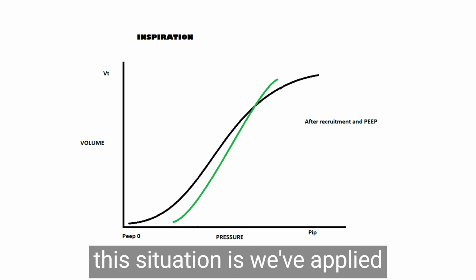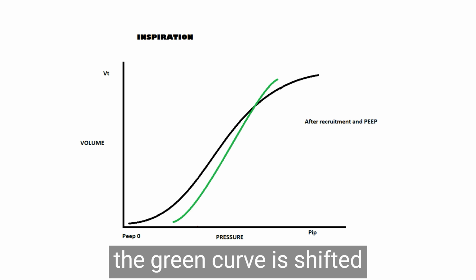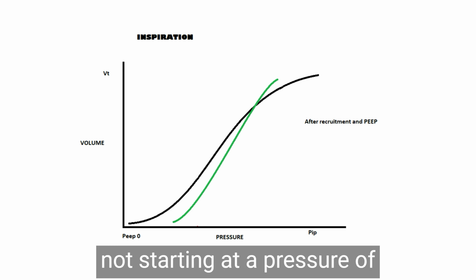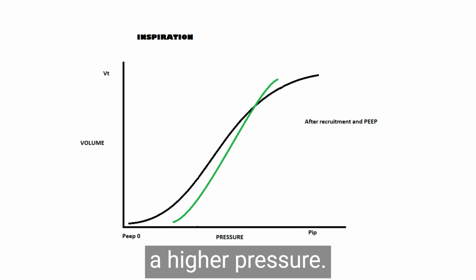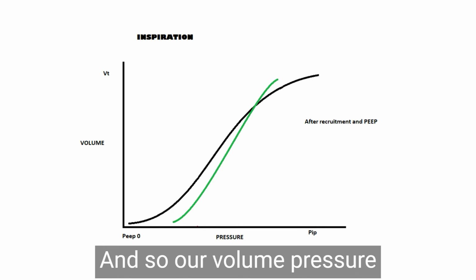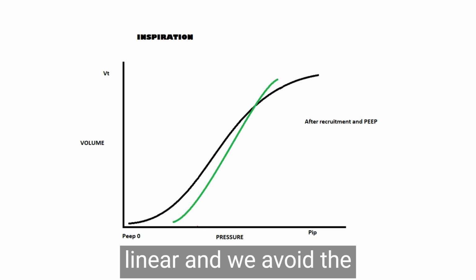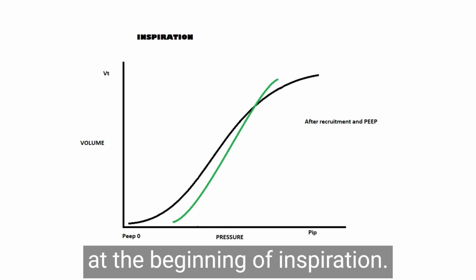And what we've done in this situation is we've applied PEEP, and so we can see the green curve is shifted to the right because we are not starting at a pressure of 0 because of our PEEP. We are starting at a higher pressure, and so our volume pressure curve is immediately more linear, and we avoid the collapse re-expansion trauma at the beginning of inspiration.